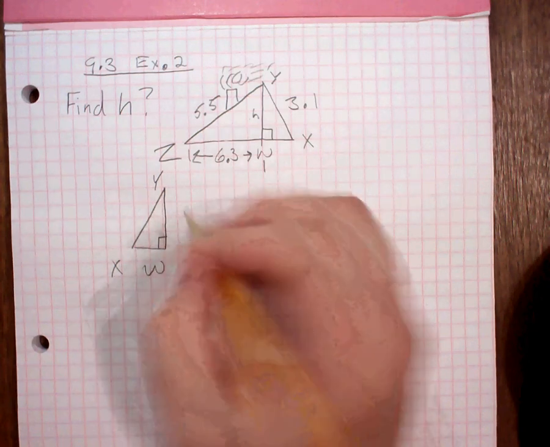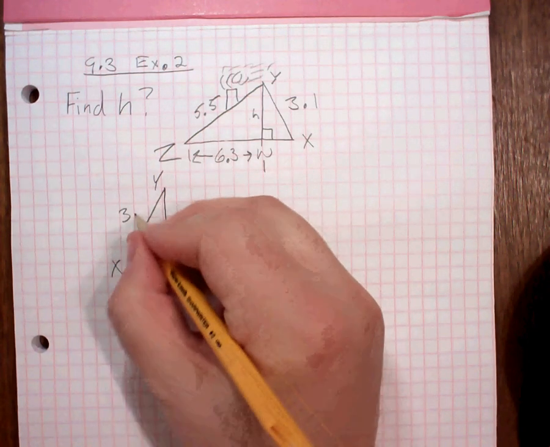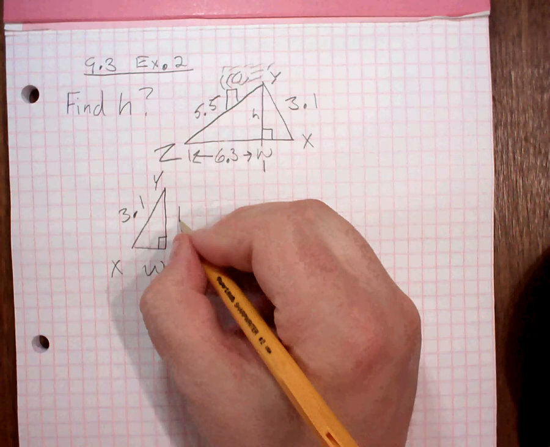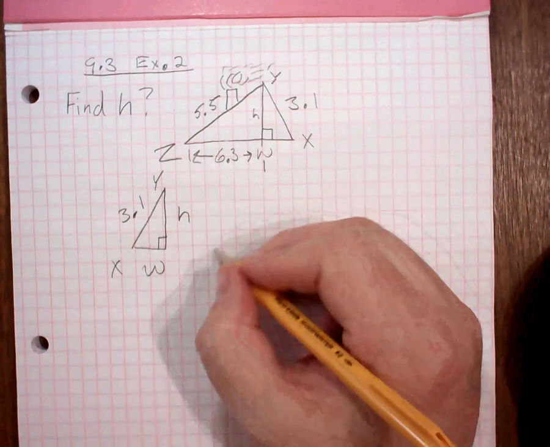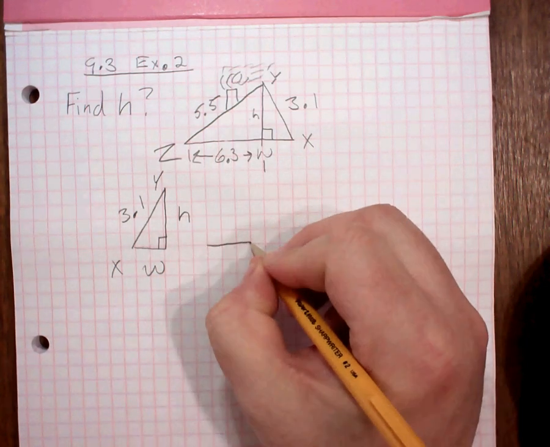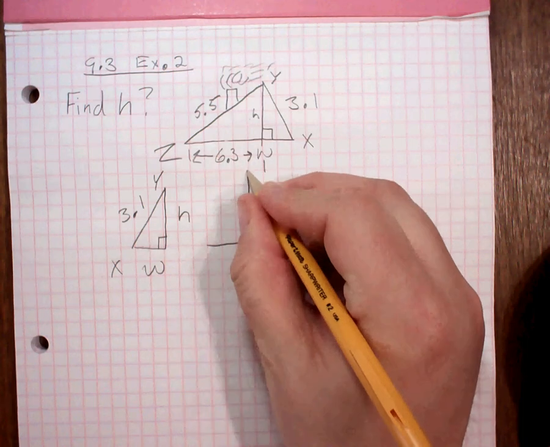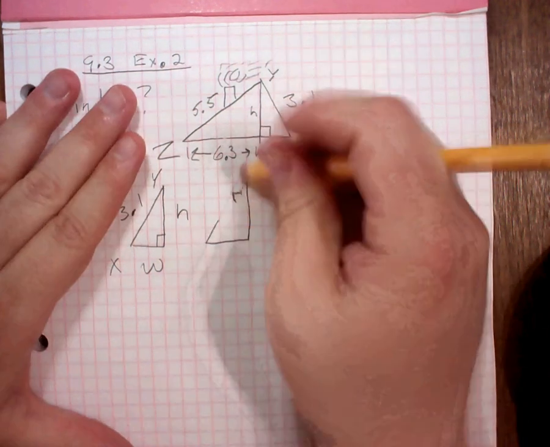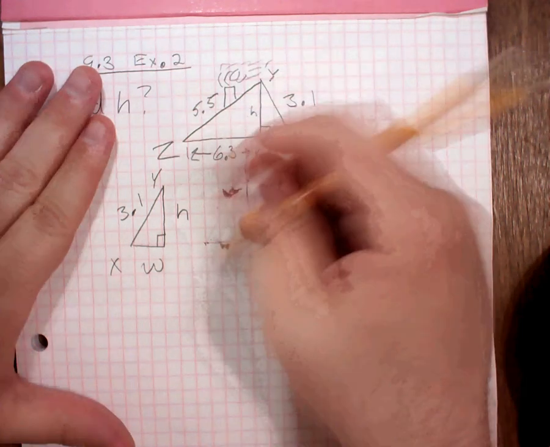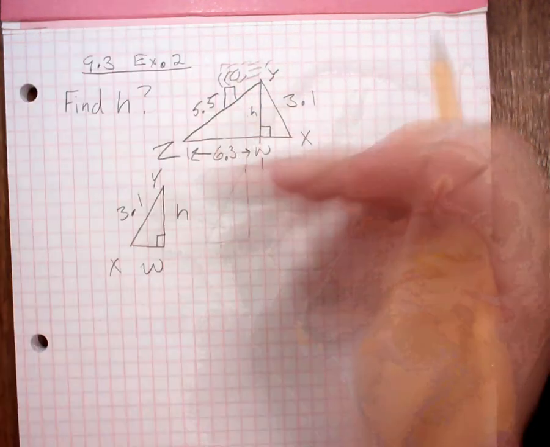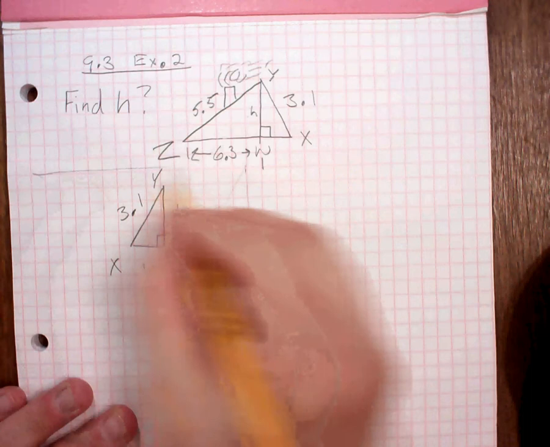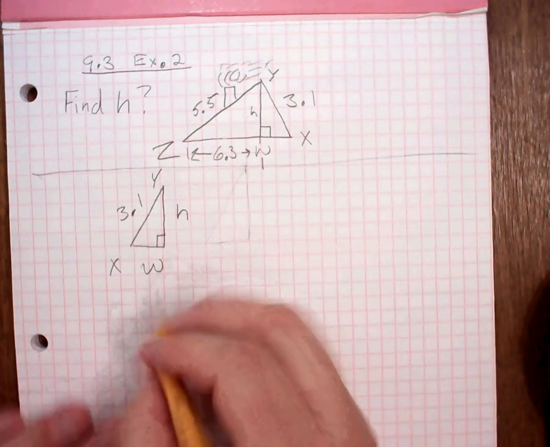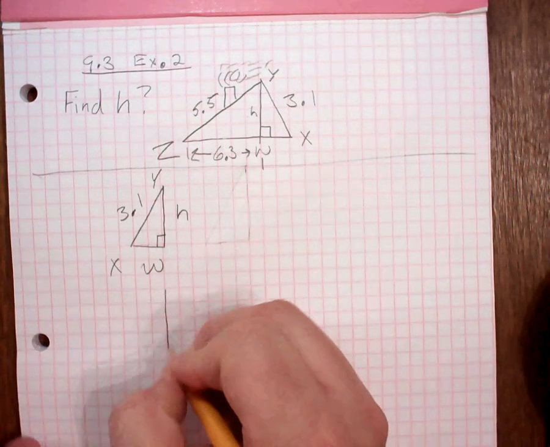And then if I label that, this is going to be 3.1, and this will be h. And then a little bit bigger one. Actually, I'm going to move this down a little bit. So that's that triangle.